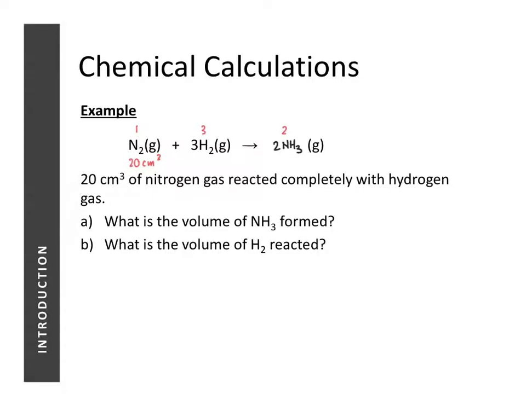So straight away, without using any calculators, I'm sure most if not all of you will be able to tell me that the volume of hydrogen required is 3 times that of 20, so it's 60 centimeter cube, and the volume of NH3 formed is 2 times that of N2, so it's 40 centimeter cube.